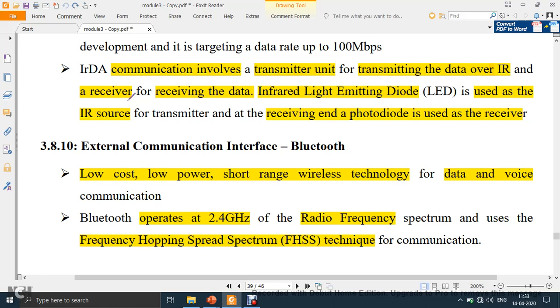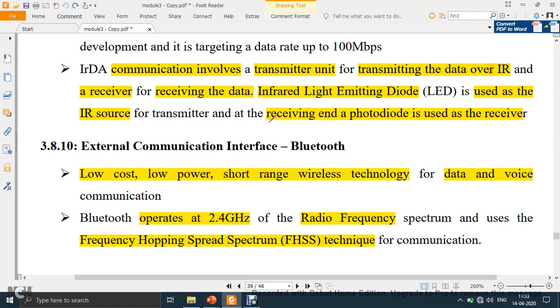In the transmitter there will be an infrared LED. You might have seen this in the remote: there is an LED at the top of the remote which sends the data to the receiver present in the TV or music system. Whenever you press a key, you cannot see the light from the LED, because it is not visible.